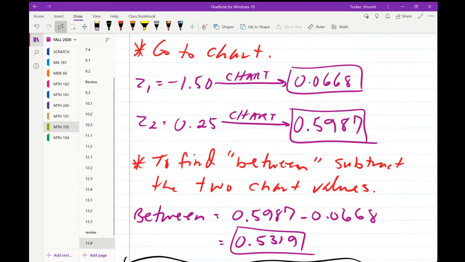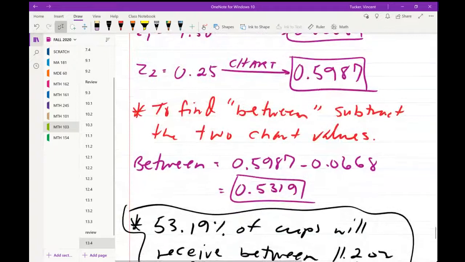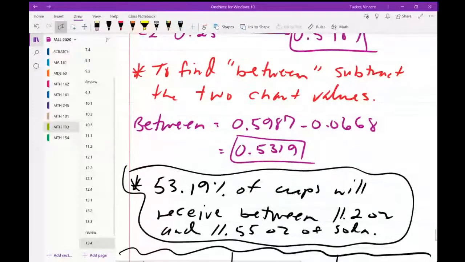Notice we're not subtracting z-scores, we're subtracting the chart values. So it's 0.5987 minus 0.0668, and that will give us 0.5319. So this means 53.19% of the cups will receive between 11.2 ounces and 11.55 ounces of soda.